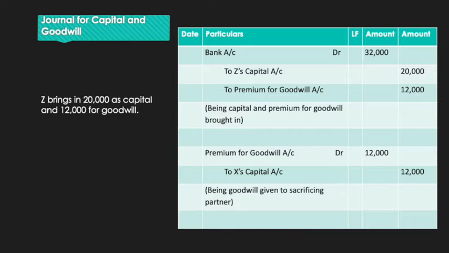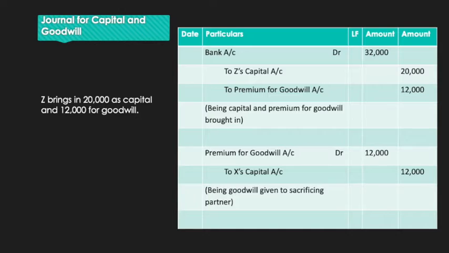In this slide we will talk about the two journal entries for the capital brought in and the treatment of goodwill. Now we can see in the question that Z brings in 20,000 as capital and 12,000 for the premium for goodwill. So the first journal entry is for the capital and premium for goodwill brought in.